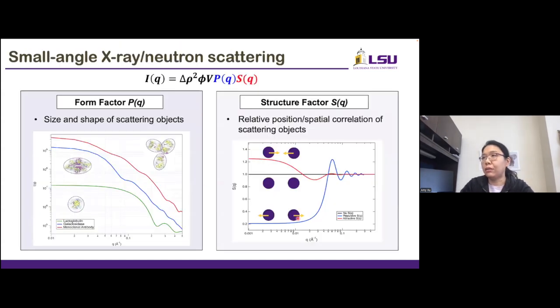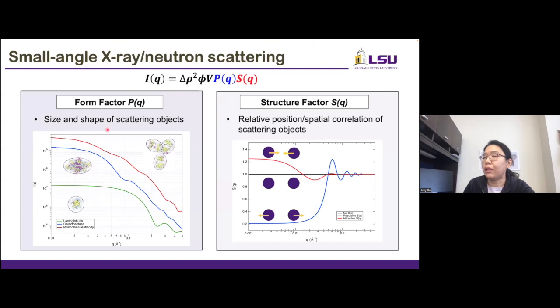You may already know about small angle X-ray and neutron scattering, also known as SAXS or SANS, but I just want to quickly recap it. The intensity coming from the scattering is related to these 5 different parameters.